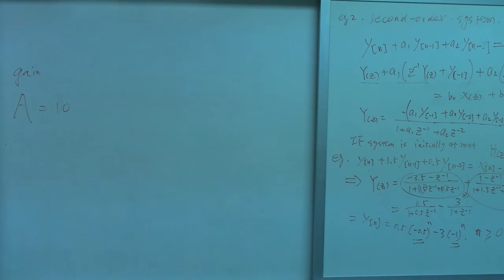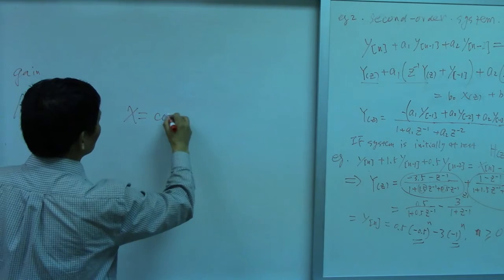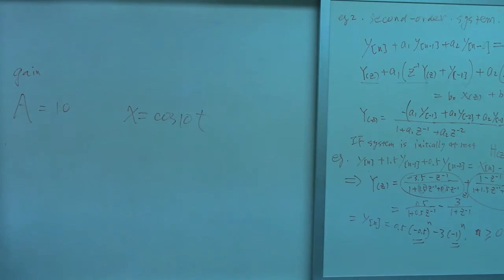What does that mean? You analyze a lot of systems, and you also design some systems. I said the gain equals 10 within the bandwidth. What does that mean? If you have this system, now my input is a cosine 10t. Suppose this frequency 10 is within the bandwidth.